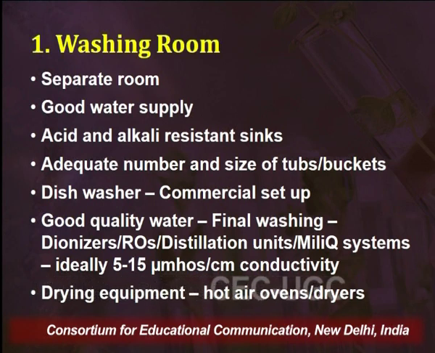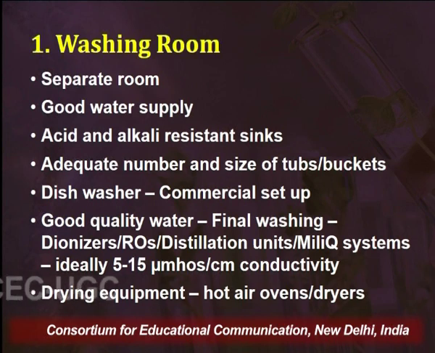Then good quality water, we have already discussed that deionizers or ROs or distillation units should be installed, and one of the most important parameters for good quality water is its conductivity. It has been found that water with a conductivity range of 5 to 15 microohms is suitable for any kind of plant tissue culture requirement.